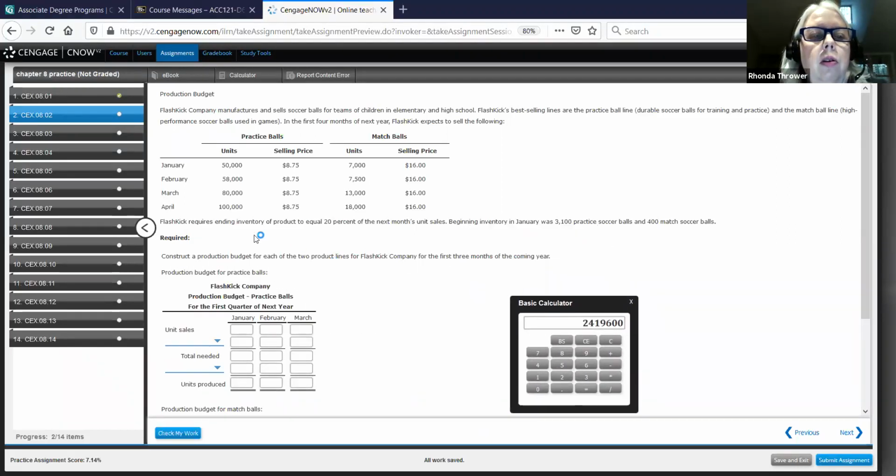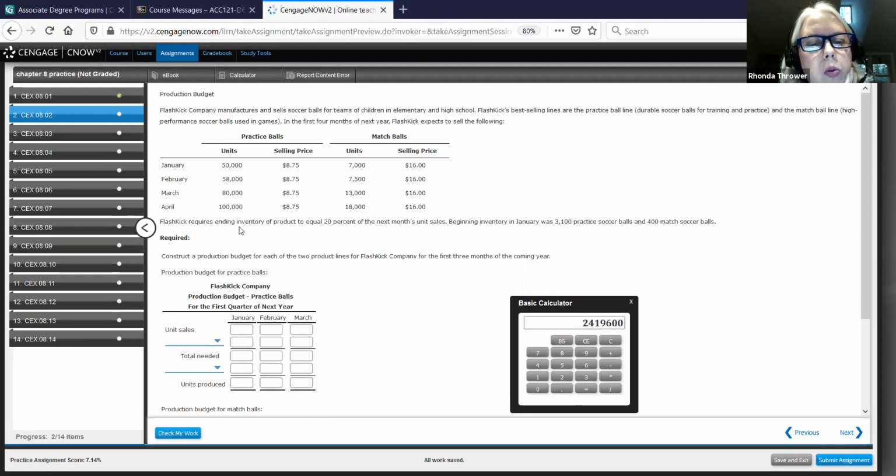All right, so it says Flash Kick Company manufactures and sells soccer balls for teams of children in elementary and high school. Flash Kick's best-selling lines are the practice ball, which is a durable soccer ball for training and practice, and the match ball, which is high-performance soccer balls used in the game. In the first 4 months of the next year, they expected to sell this.